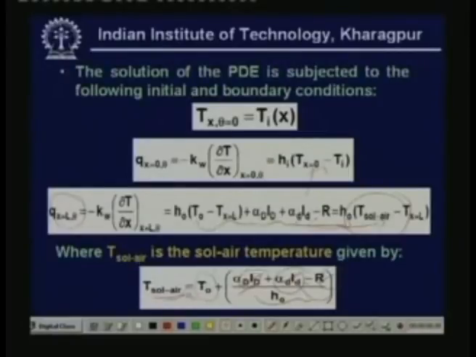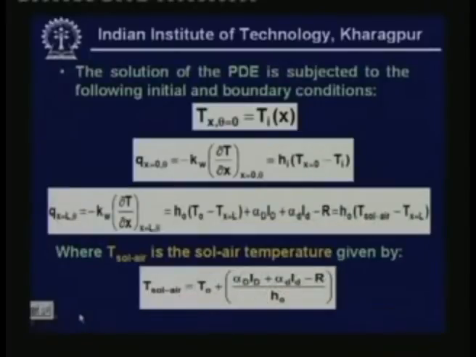You can also see here that the sol air temperature depends upon the outdoor surface conductance H naught. So the advantage of defining a sol air temperature is that you can write the outdoor boundary condition also as H naught into (T sol air minus T wall temperature). The form looks simple, but the sol air temperature depends upon several factors like the radiation, solar geometry, and the outdoor convection and all that.